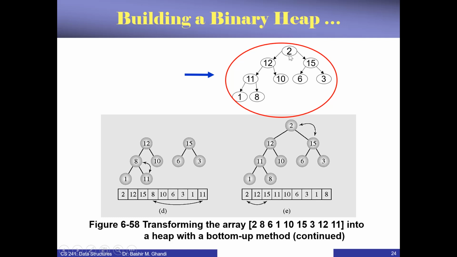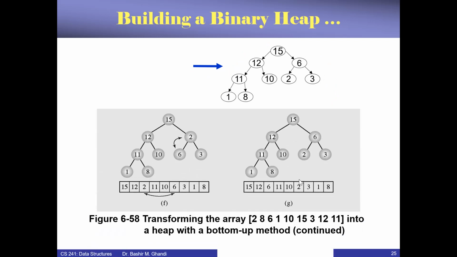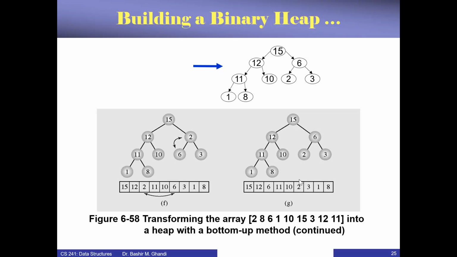Of course, this one is with min heap. So this is basically the idea of building a heap top-down and bottom-up. And actually this brings us to the end of this lecture and the end of our discussion on binary trees. Thank you very much.